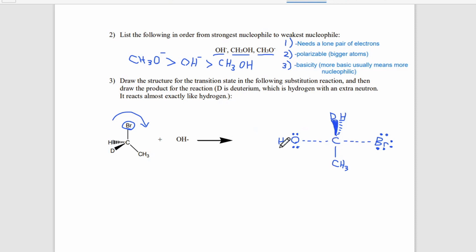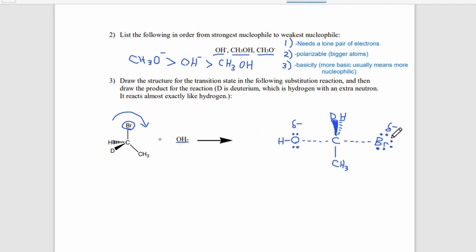So in this case, you would also show a partial negative on the nucleophile because oxygen is in the process of donating its electrons. So it's not going to be a full negative anymore. It's starting to connect with the carbon. And bromine's in the process of taking those electrons away, so it's going to be a partial negative as well.